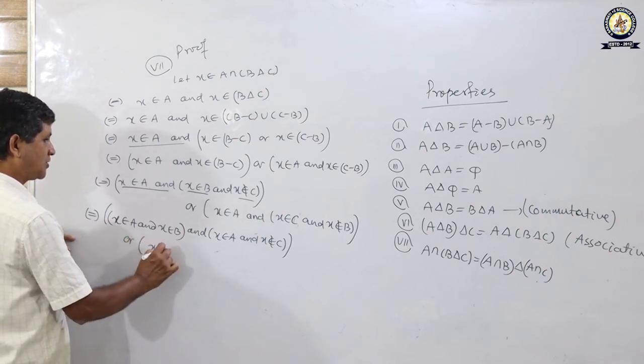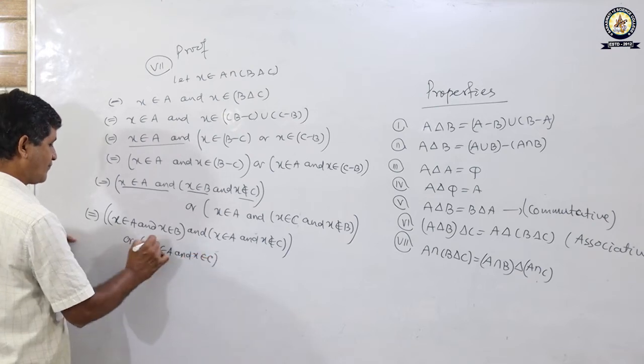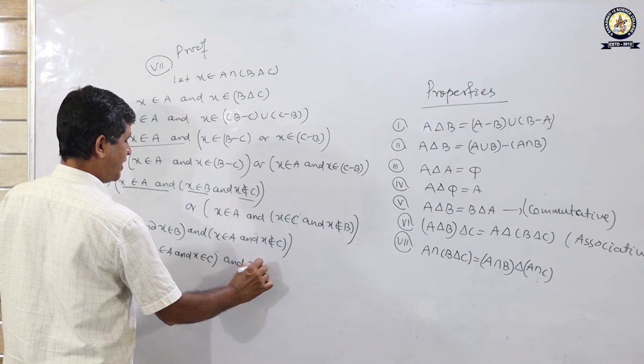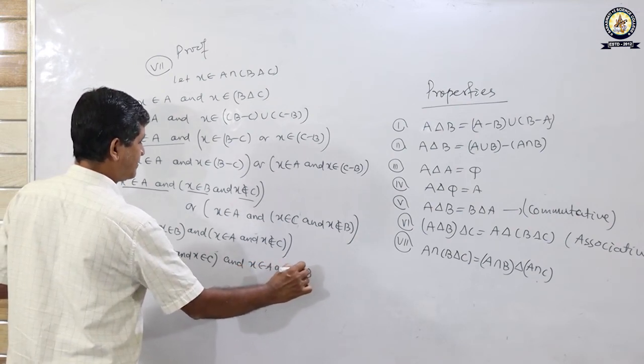Or X belongs to A and X belongs to C, and X belongs to A and X does not belong to B.